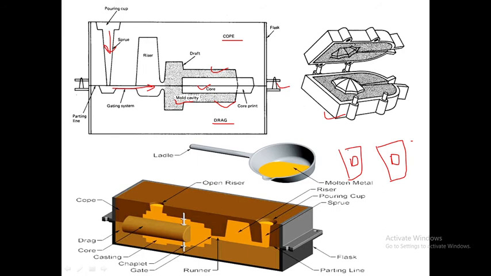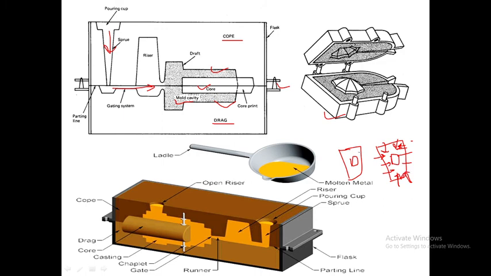In this box they poured the filtered sand, and after pouring the sand they rammed it, so that whatever air is present inside the cavity or the mold gets removed. Due to the ramming, the sand firmly sticks to each other inside the box.